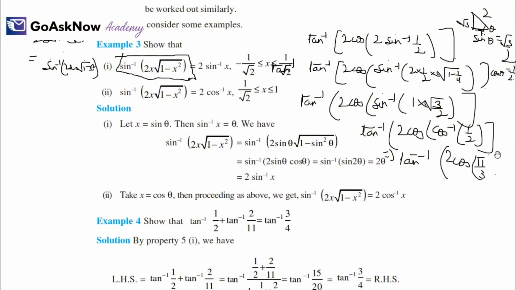So it is coming out to be 2 cos pi by 3. Now tan inverse of 2 cos pi by 3: this will be 2 into cos pi by 3, whose value is 1 by 2. So tan inverse 1 is pi by 4. So this is your final answer, pi by 4.